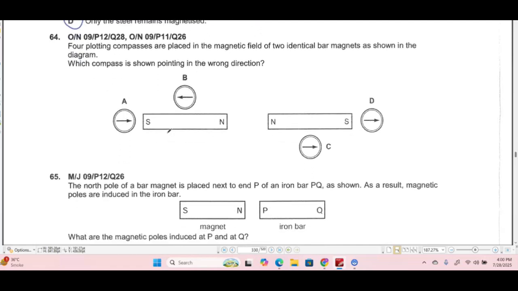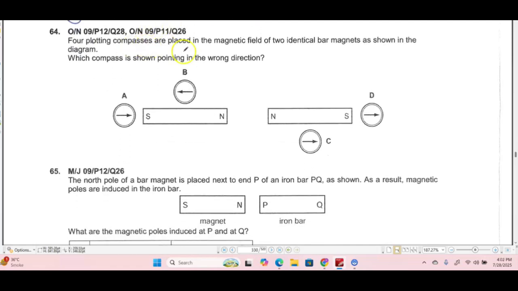Question number 64. Four compasses are placed in the magnetic field of two identical bar magnets as shown in the diagram. Which compass is shown pointing in the wrong direction? Okay. If we look at option A, the north is here, so this is placed here, so this is pointing correctly. When it is placed near the north pole end, if north pole is over here, it is going to point towards the opposite direction.